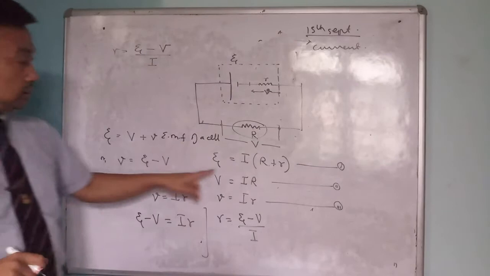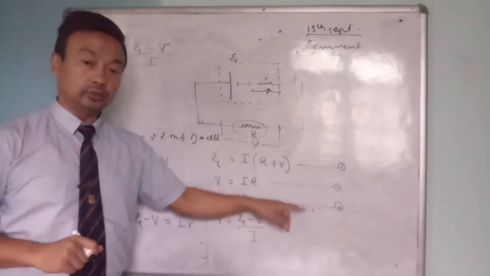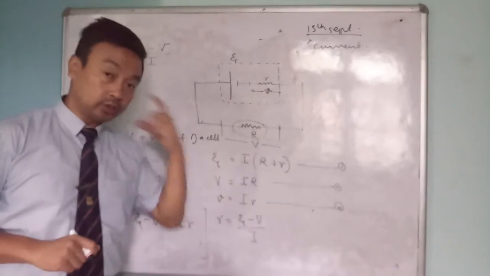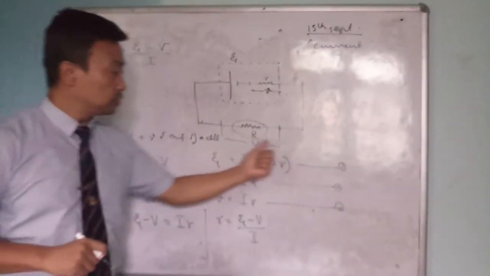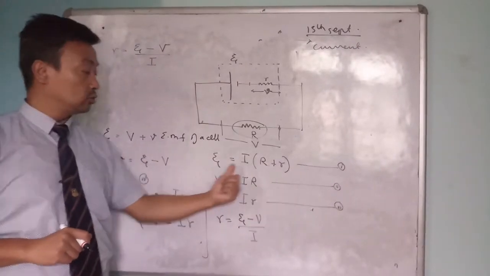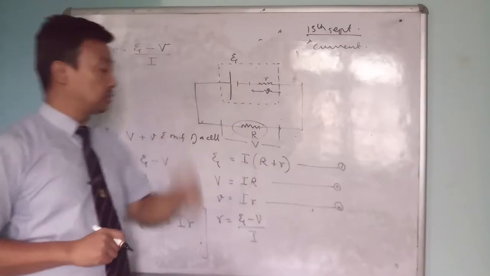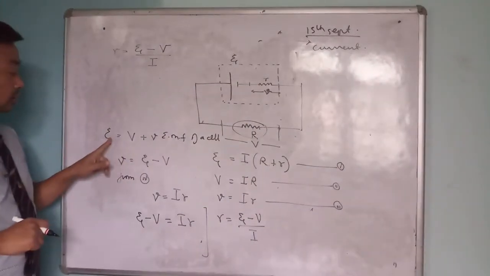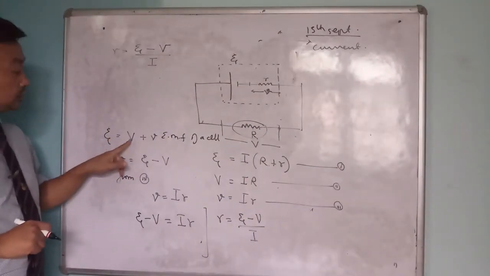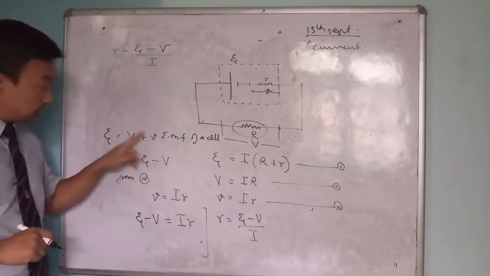Now see, these are the three equations we have got. In all this we have applied the concept of Ohm's law. This is for the entire cell, this is only for the external electrodes, and this is only for the internal electrolyte. And again we know that EMF is the sum of the terminal voltage outside and inside.